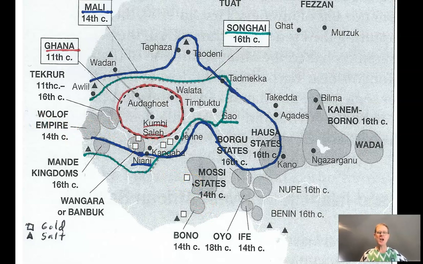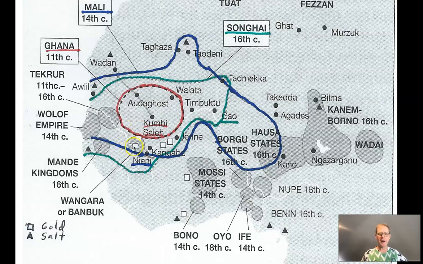And they changed because, well, people mined the gold and then the mines ran out and you had to shift to find a new one, right? And looking at this map, starting on the far left here, there's these mines right here called Wangara or Bambouk. Okay, those were the first ones chronologically.